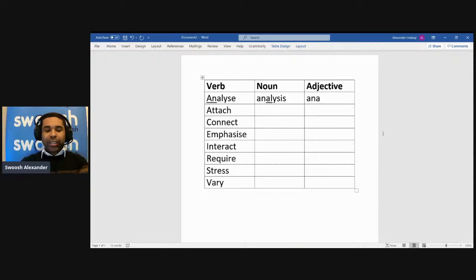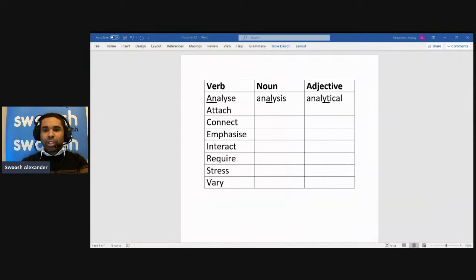And the adjective form would be analytical. And so the stress actually switches to the third syllable in this case. So from analyze to analysis to analytical. So well done if you got those correct.